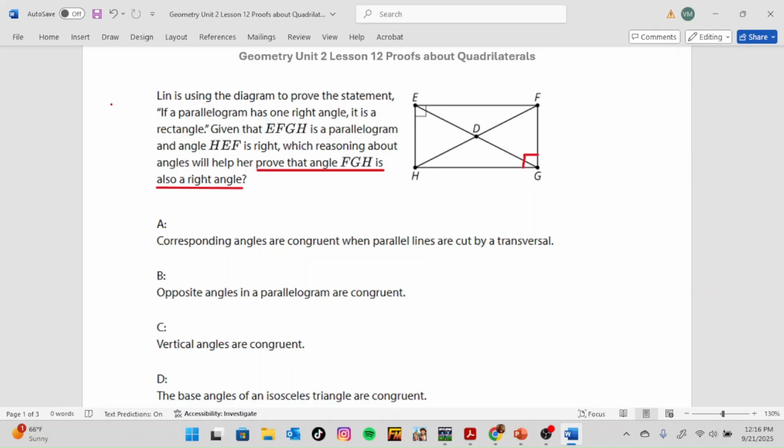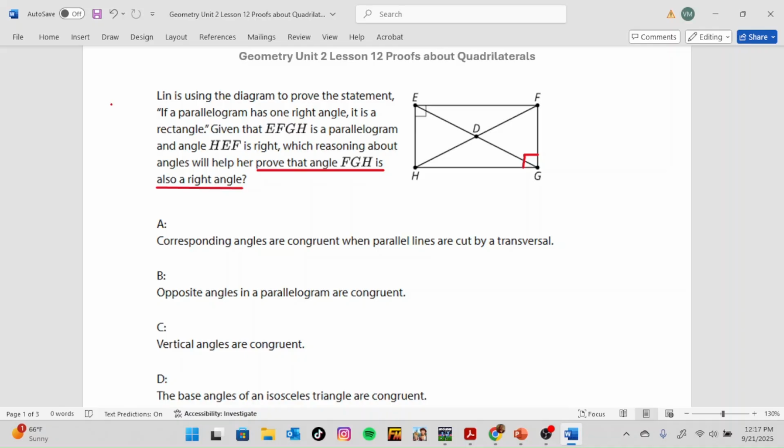So if we read through our choices, A references corresponding angles, B references opposite angles, C references vertical angles, and D references the base angles of an isosceles triangle.